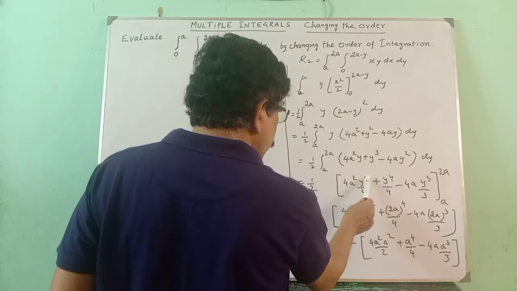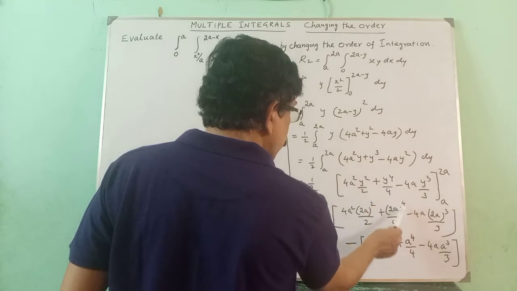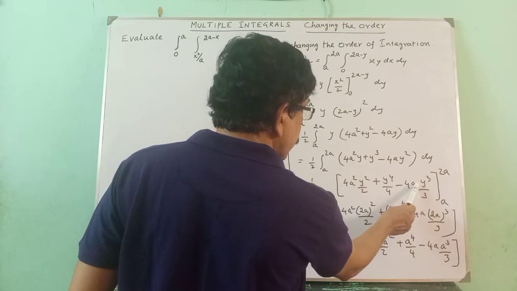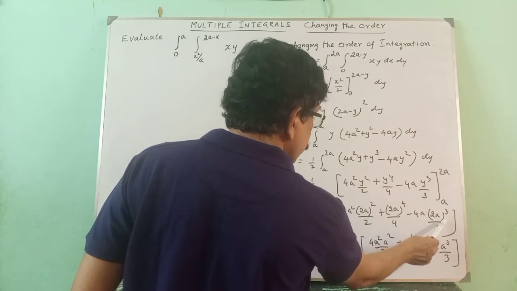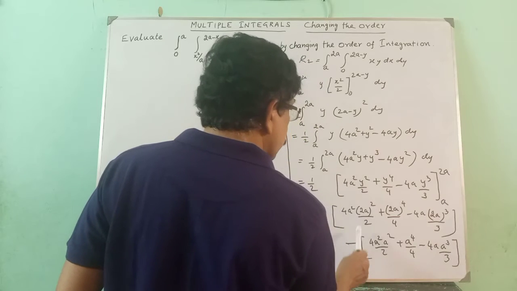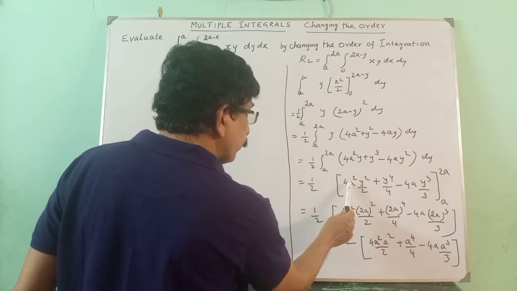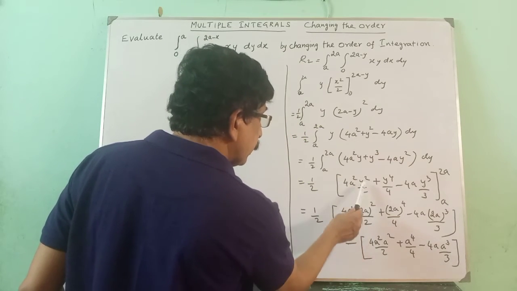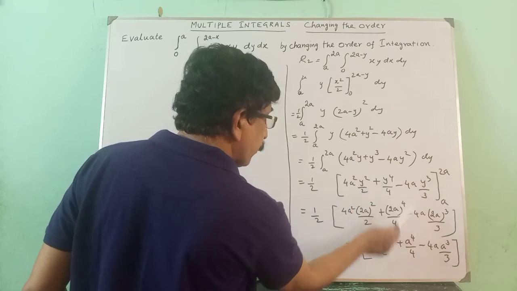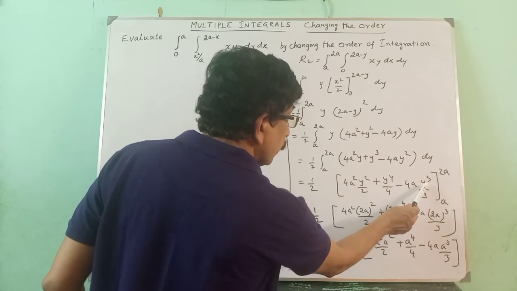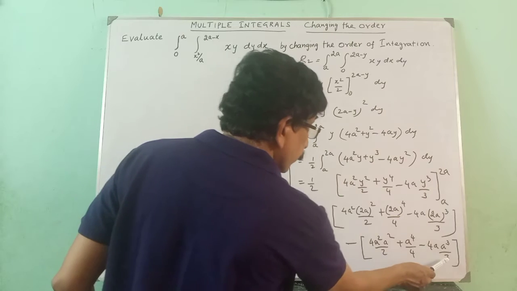4a square (2a) whole square by 2 plus (2a) to the power 4 by 4 minus 4a (2a) power 3 by 3, minus lower limit. Lower limit a: 4a square a square by 2 plus a power 4 by 4 minus 4a a power 3 by 3.